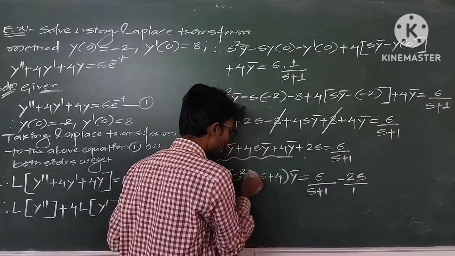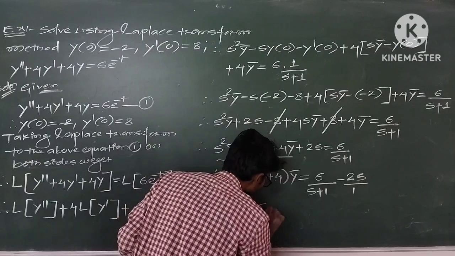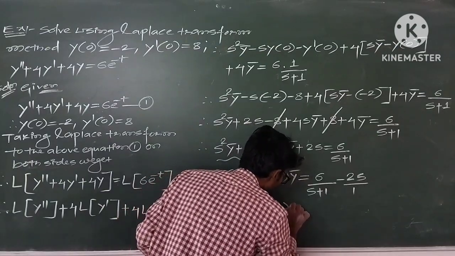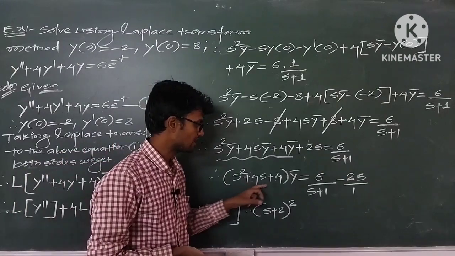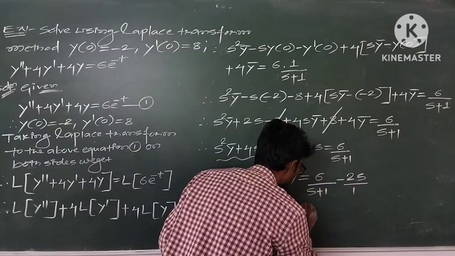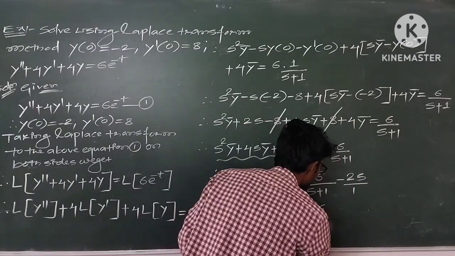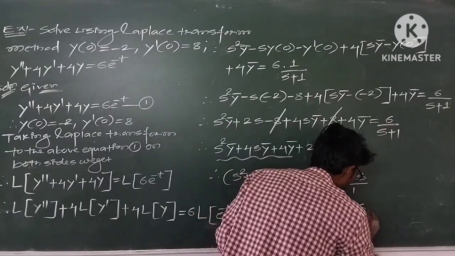So s square plus 4s plus 4 is s plus 2 whole square, into y bar, is equal to 6 divided by s plus 1 minus 2s divided by 1.